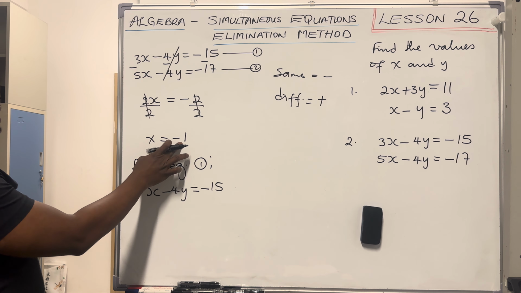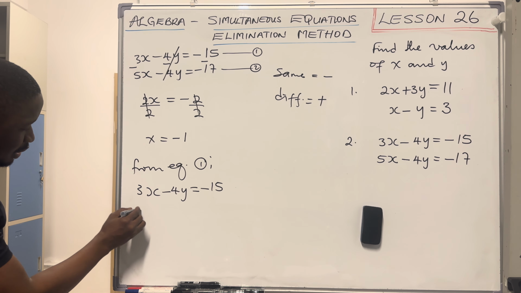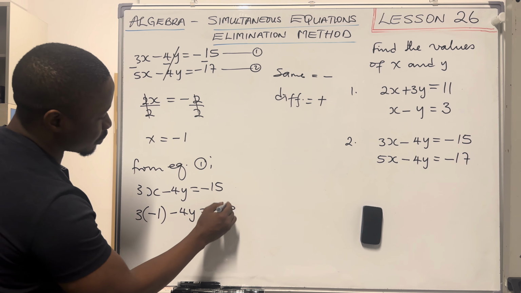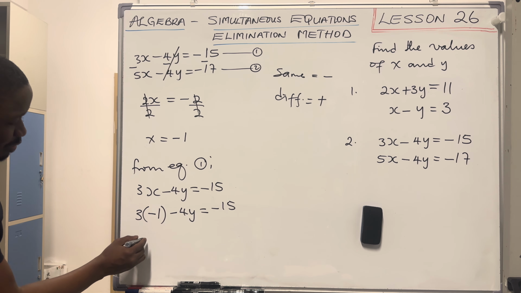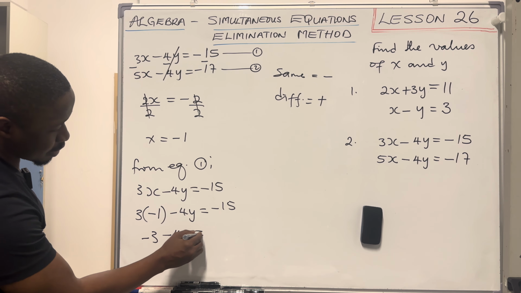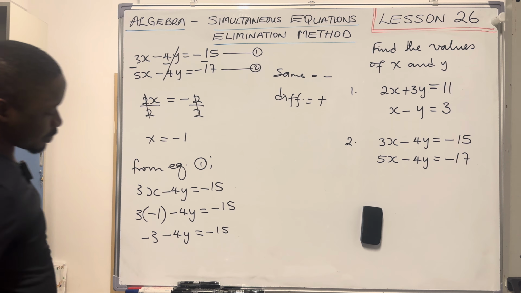But x is already minus 1. So we say 3 times x. What is x? Minus 1. Can you see it? Minus 4y equal to minus 15. This times this is minus 3, minus 4y equal to minus 15.